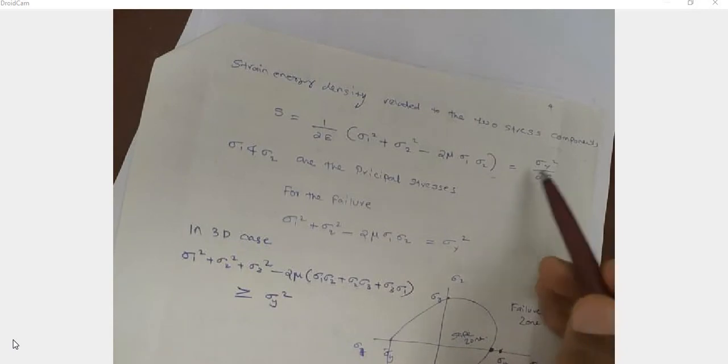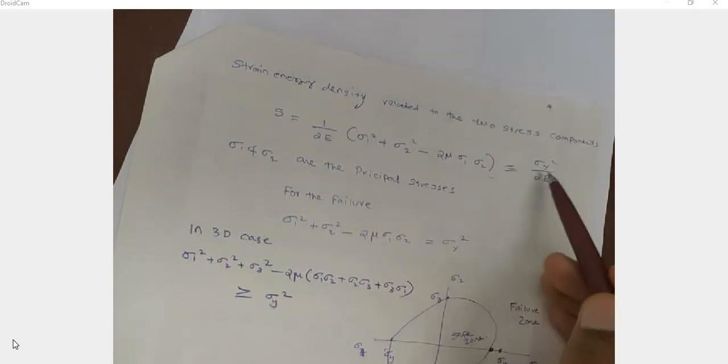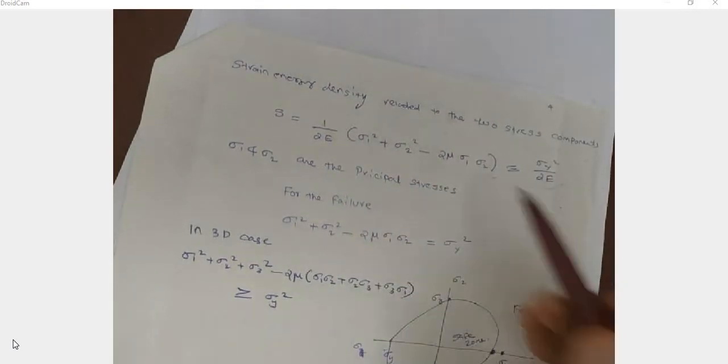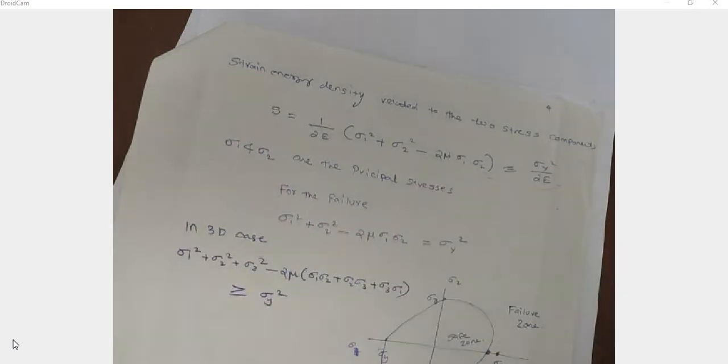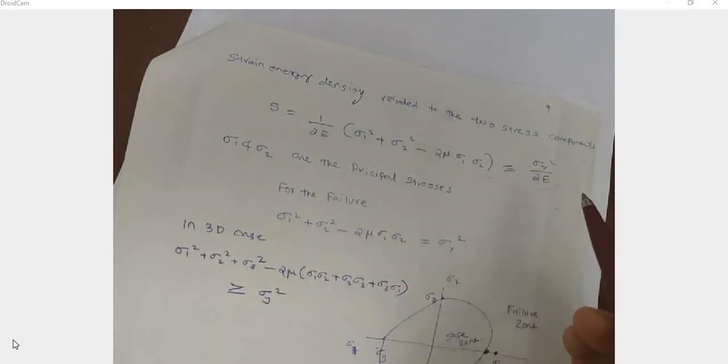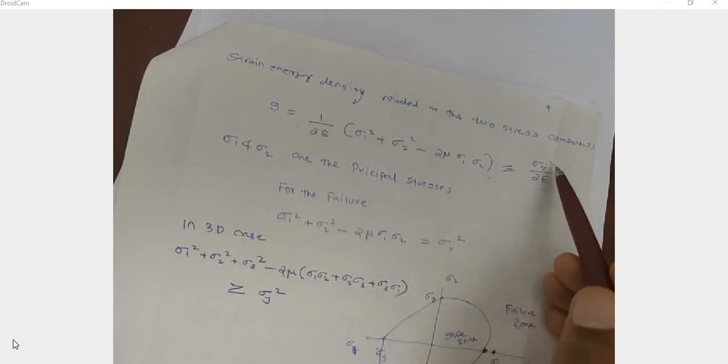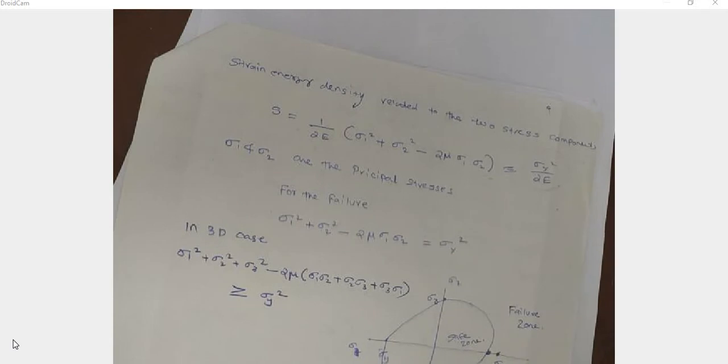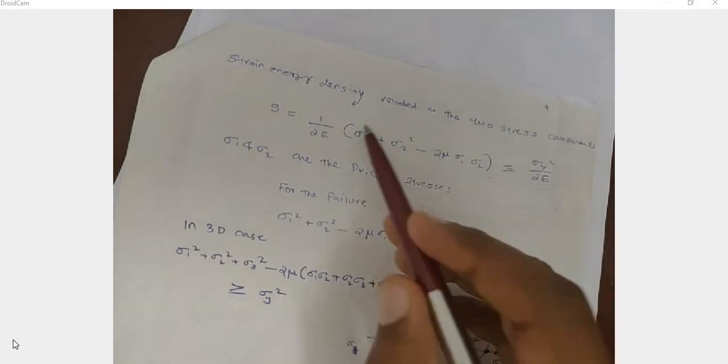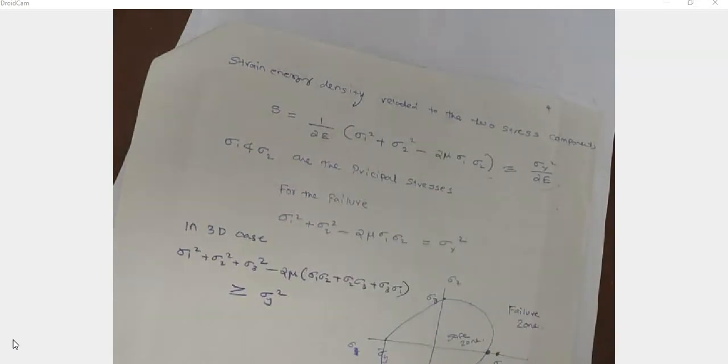So at the time of failure, this is the condition: the strain energy developed at a critical point on the body is equal to sigma y square by 2E, where sigma 1 and sigma 2 are the principal stresses.